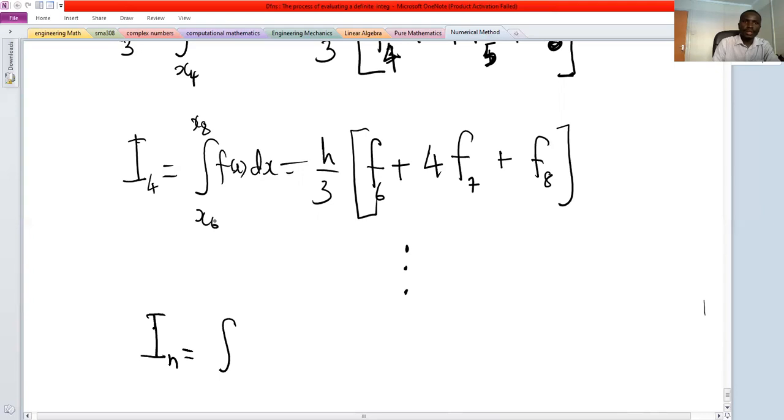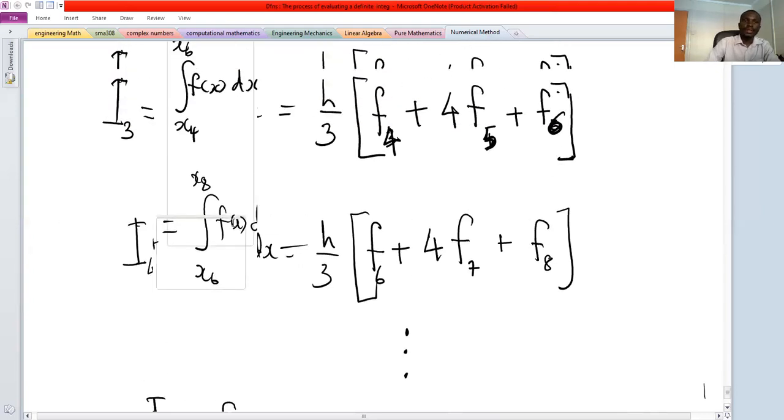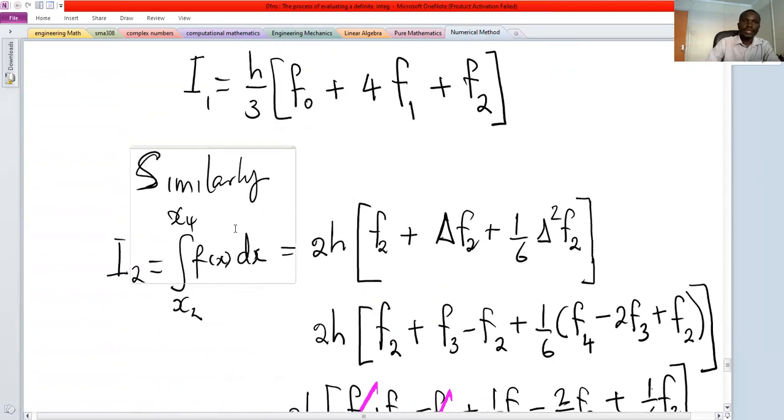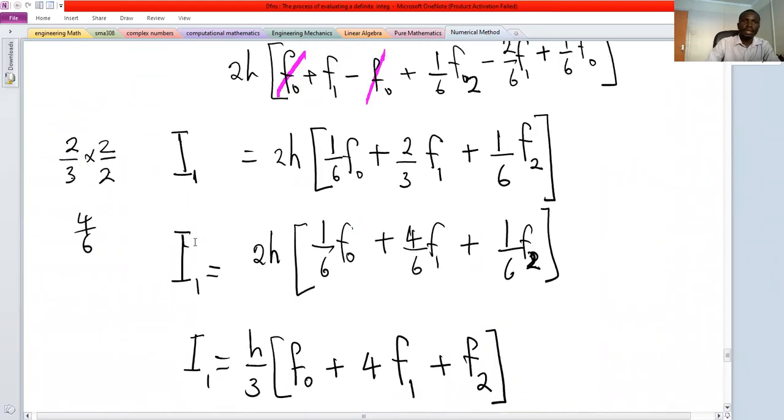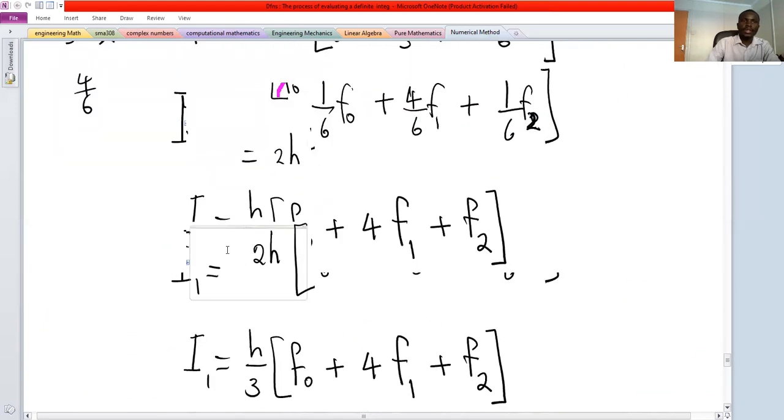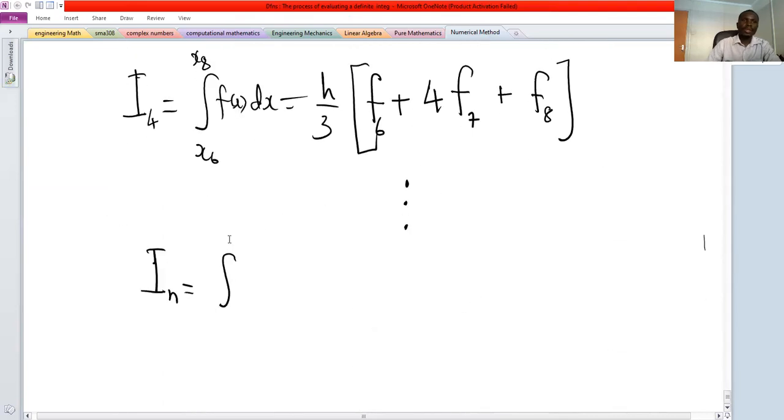You see, these subscripts are always even numbers. If you check from the start, this is 2, 4, this was 0, 2. So they are multiples of 2. So therefore, In will be given by the integral from x 2n minus 2 up to x 2n of f of x dx.